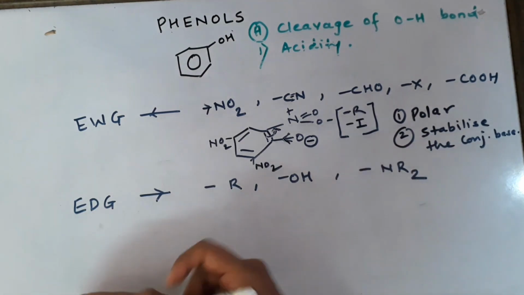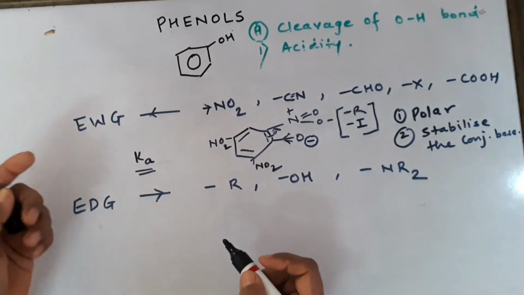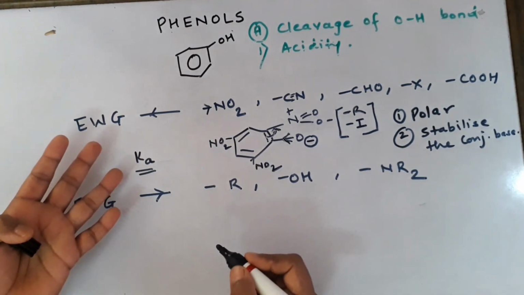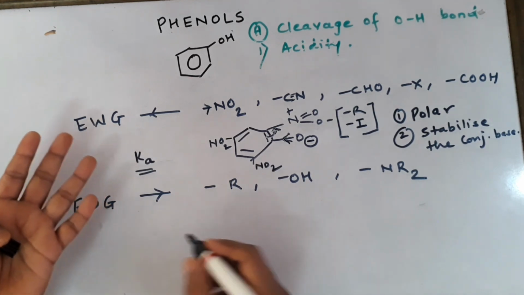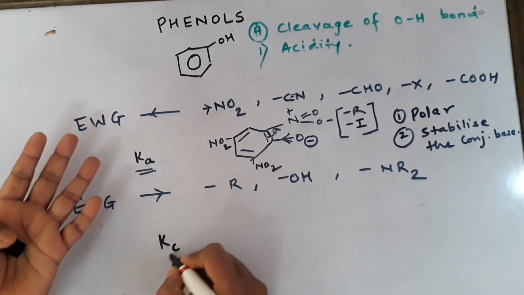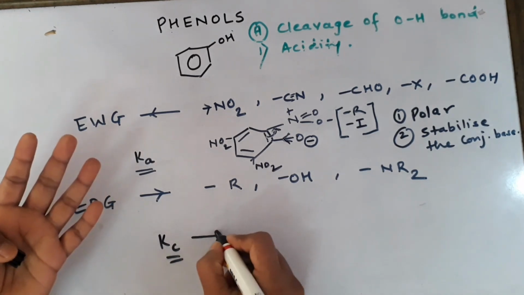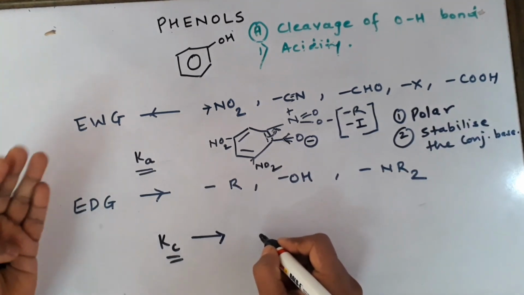It will have a very high dissociation constant. You all know the meaning of dissociation constant. The strength of an acid is determined by its magnitude of dissociation constant. It's basically nothing but the equilibrium constant of an acid, and the higher the value of K, the more the reaction moves towards the right hand side and the more the acid dissociates.